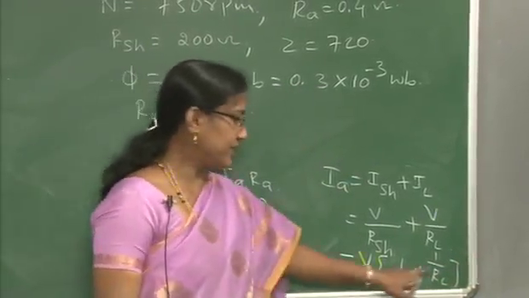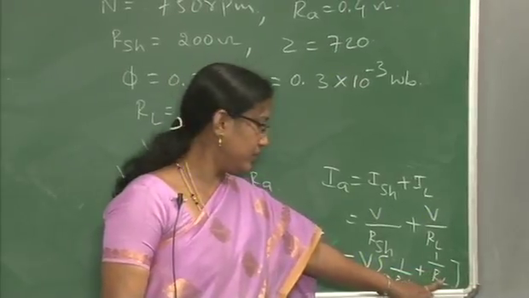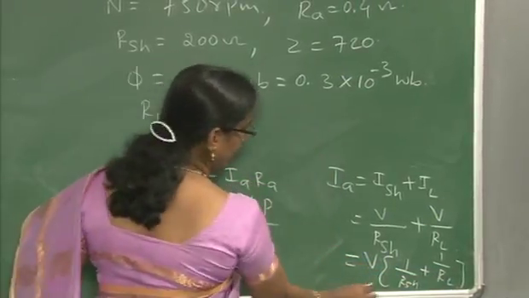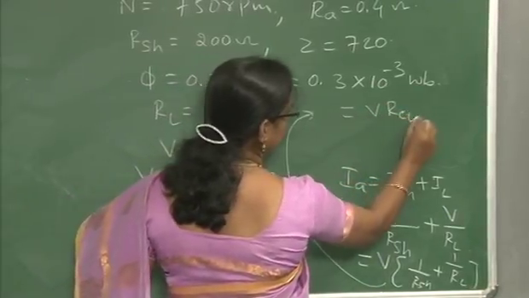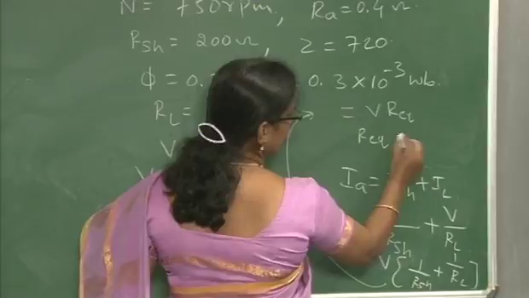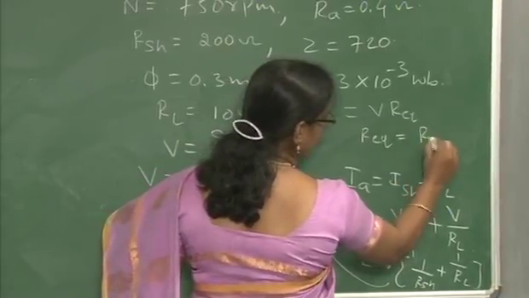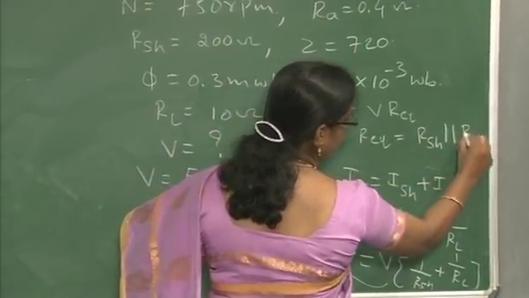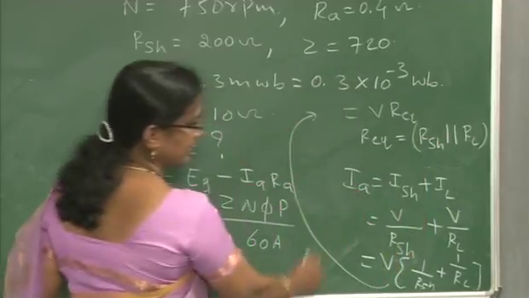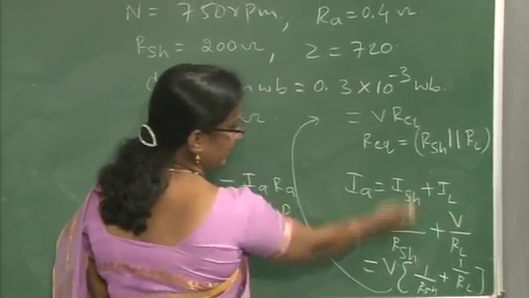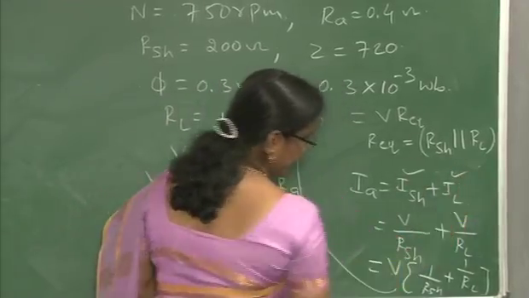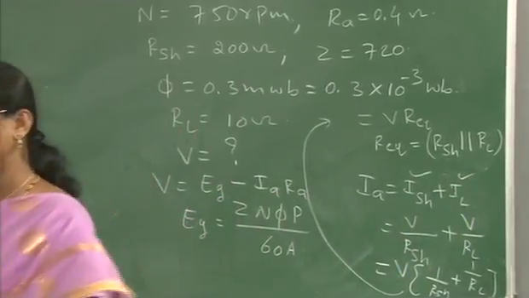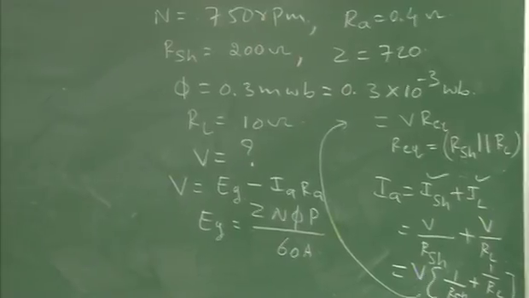The shunt field is exactly in parallel with the load. You can calculate this equivalent resistance. So that is V into R equivalent. R equivalent represents this RSH in parallel with RL. You can calculate this parallel resistance and substitute in this, or otherwise you can do it separately like this. To calculate ISH and IL, you can add the values of IL and ISH.